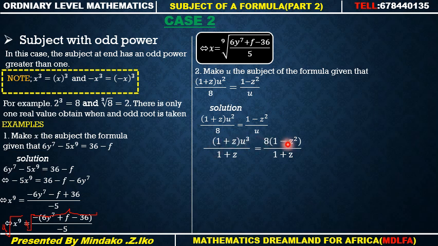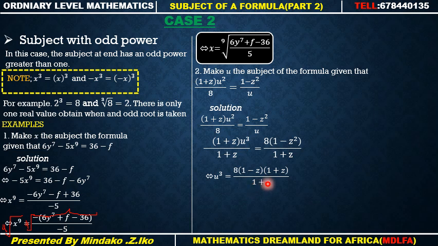Now notice something here. Here it is 8 times 1 minus z squared. So this is actually a difference of two squares. So we can actually expand this as 1 minus z times 1 plus z, then times 8. Okay, so at the end of the day, we are going to have it like this. And then we notice something again, that this 1 plus z is in the denominator also.